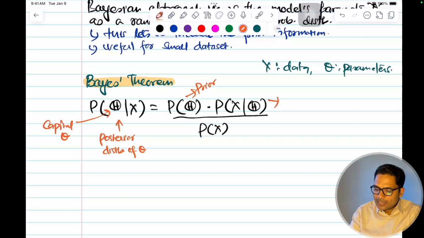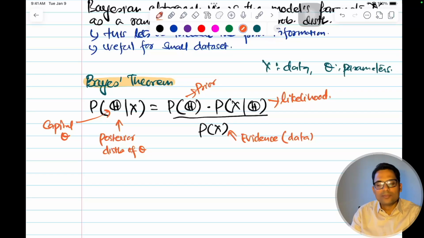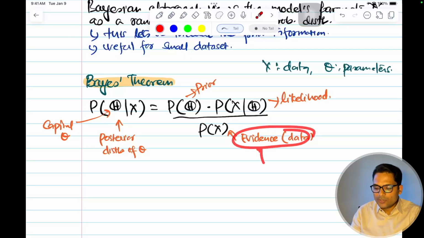This is the likelihood, as we saw earlier: the likelihood of observing the data given my model's parameter theta. And this is the evidence. What is the evidence? Evidence is the data that I have seen, the data or the observations. So based on this evidence of the new data, what is the parameter?